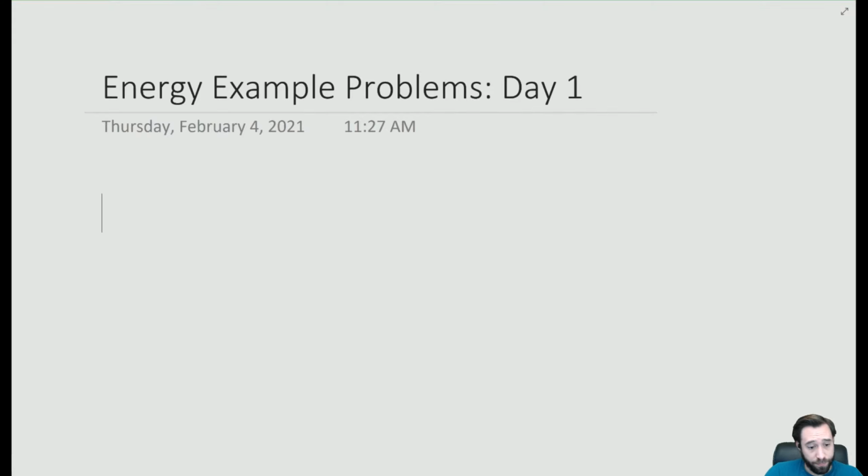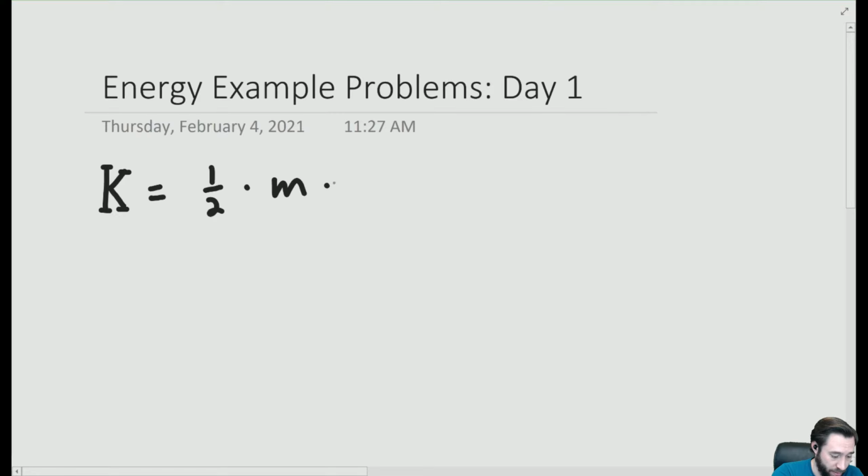So, just as a refresher, the equations that we have for energy, the first one that I'm going to show you is kinetic. So kinetic energy is going to be 1/2 times the mass times the velocity squared. Okay.